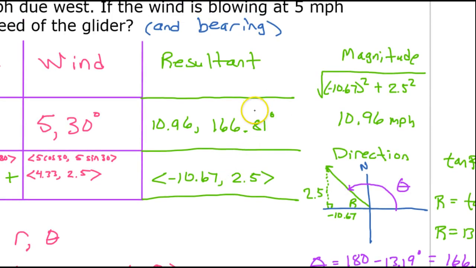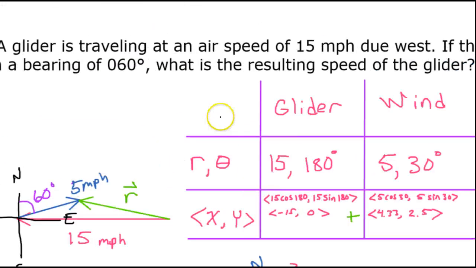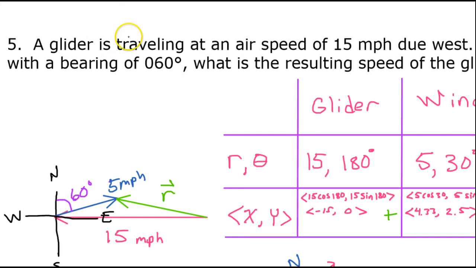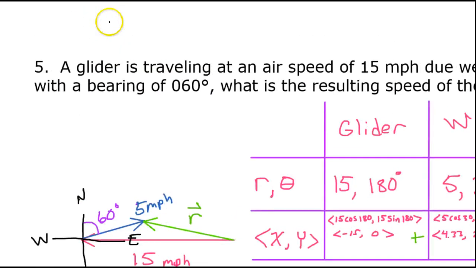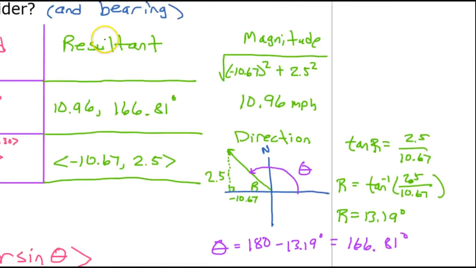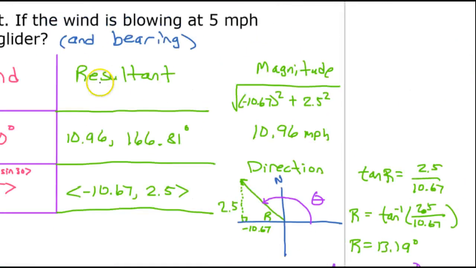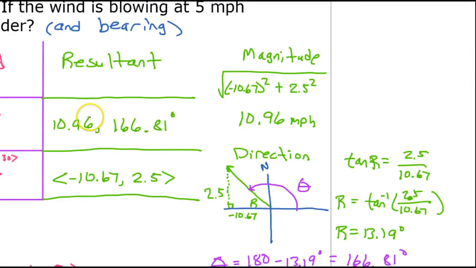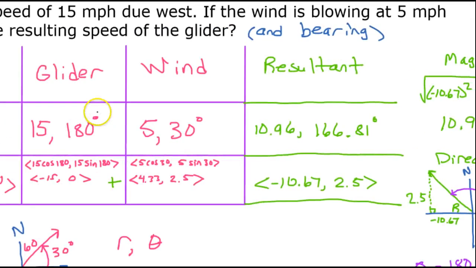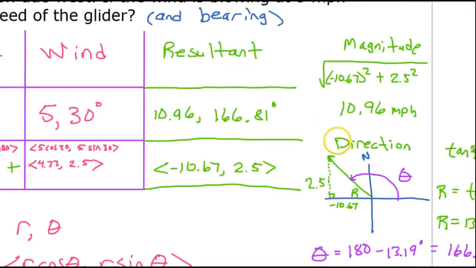Okay, now we could call ourselves finished having found the magnitude and direction of the resulting speed of the glider. But they did mention the word bearing. So since they're giving the wind direction in terms of bearing, then for our final answer, we should probably give the resulting direction of the glider as a bearing.